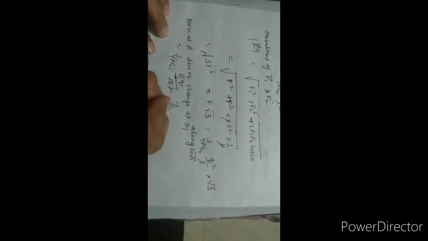And then the force at A due to the charge at G is equal to 1 upon 4 pi epsilon naught Qq upon AG square, and AG will be L by root 3.